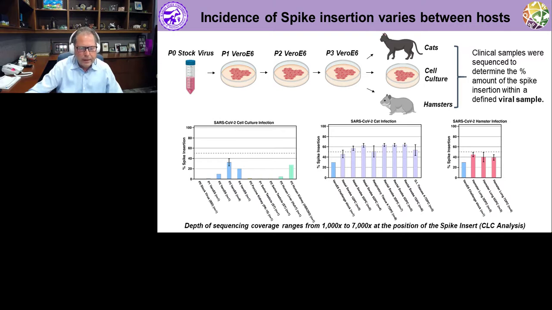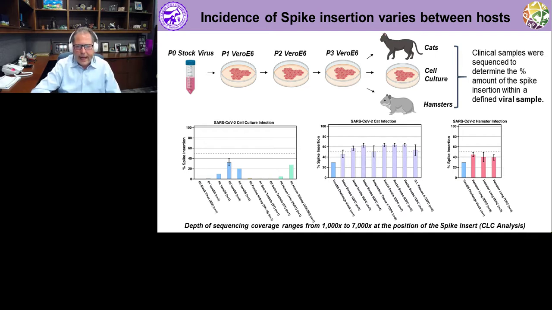And when we infect porcine kidney cells, porcine swine testicle cells, this mutant virus almost disappears. Similarly, in human liver cells, HUH7. However, it's maintained its percentage in human kidney cells.